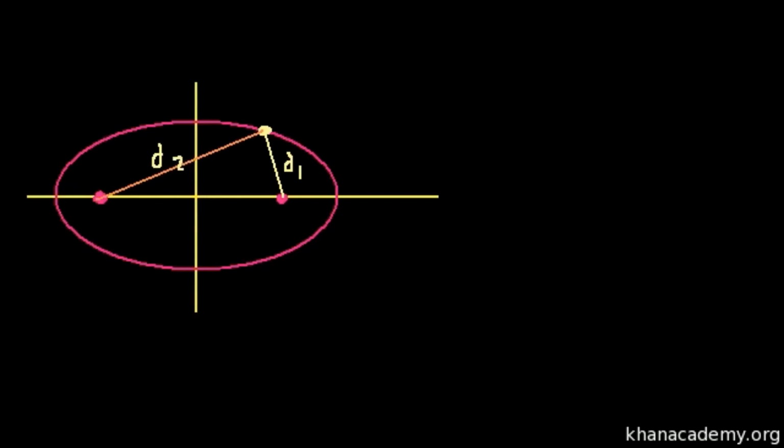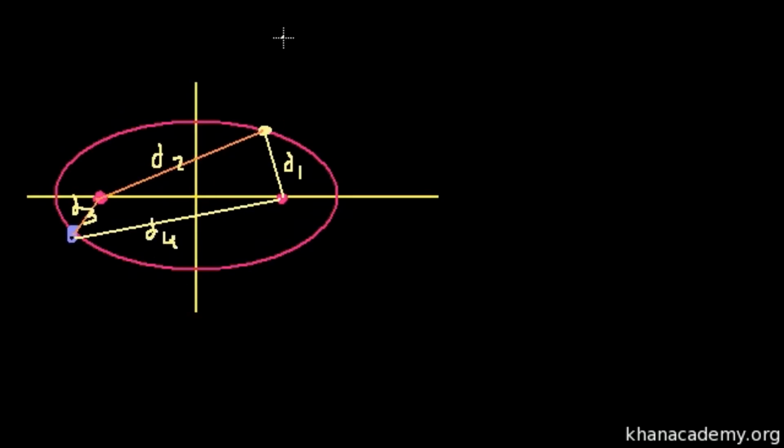So if I take another point along the ellipse, say this point right here, and sum this distance to that distance, let's call this D3 and this D4. The sums of these distances to the foci along this ellipse are going to be a constant.